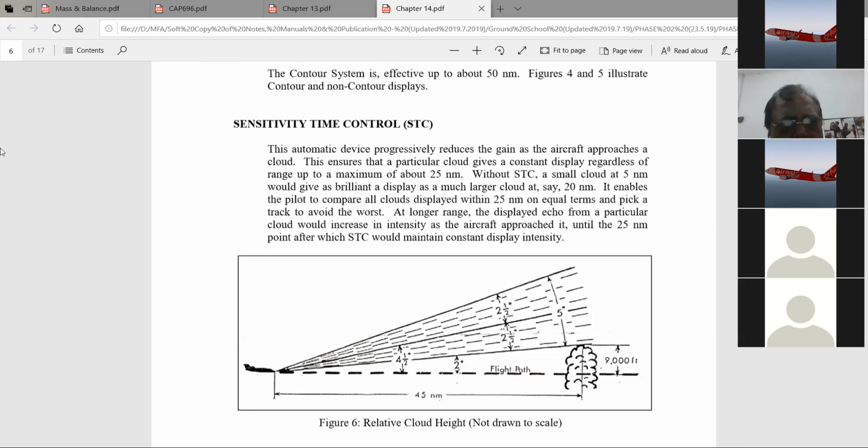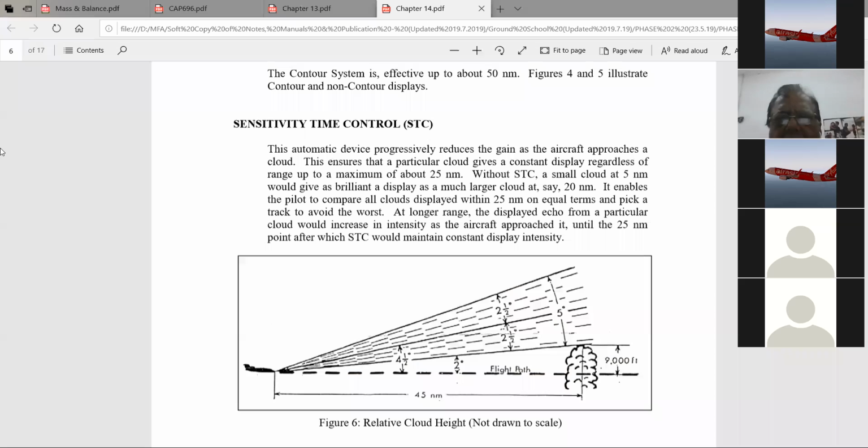If the total tilt is 4 degrees, 3 degrees will be used by the center of the beam, and you are left with only 1. 1 into 100 divided by 60 will give you the height. You can add whatever answer you get to 25,000 feet, and that will be the height of the top of the cloud.